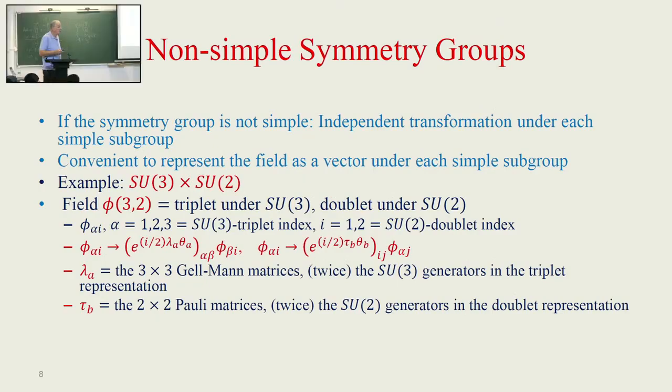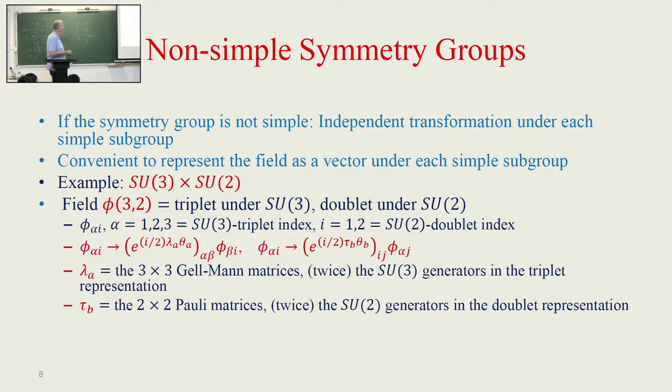We could have product groups. For example, not just SU(3) or SU(2). We saw product groups also in the abelian case, right? We had U(1) times U(1) and other things. You could have, and the standard model does have, SU(3) cross SU(2). And the way we write a representation under a product group of non-abelian groups is the following.